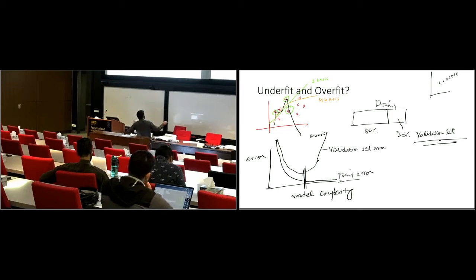As you increase the number of polynomial bases, let's say from x power 1 you went to x power 2, so now your hypothesis function is theta 0 plus theta 1 x plus theta 2 x square. So you see that your hypothesis function would probably fit your data slightly better, so your training error would decrease.